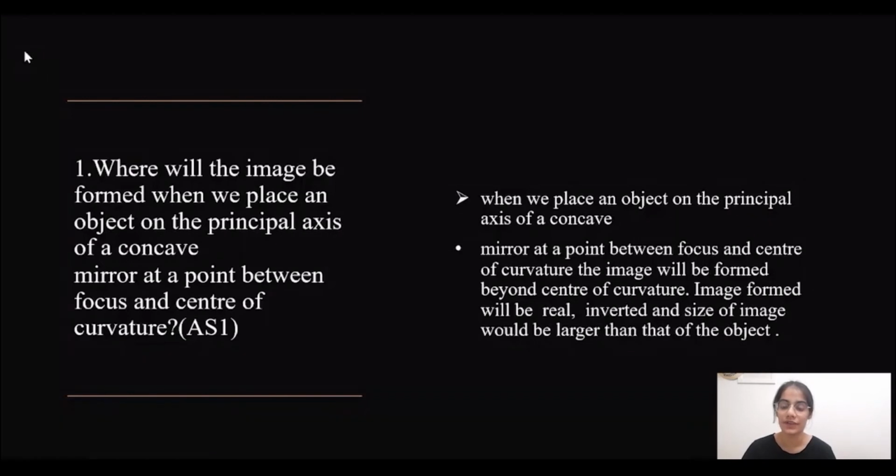So to answer this, we say when we place an object on the principal axis of a concave mirror at a point between focus and center of curvature, the image will be formed beyond the center of curvature, and the image that will be formed will be real, inverted, and larger than the size of the object. This is it. Let us now go to the next question.